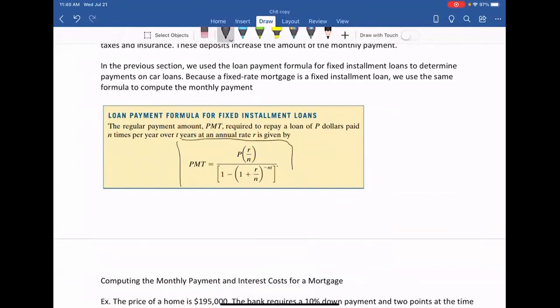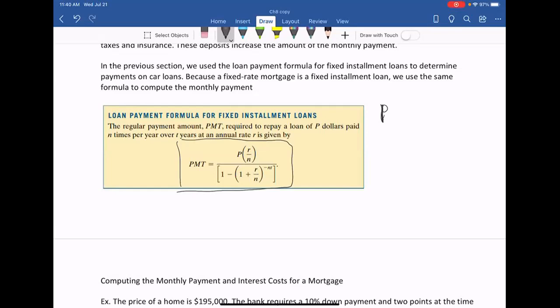This is the formula. It's the same formula we use to find the PMT for the car purchase. The P here is the loan you borrowed from the bank. So this P is different from the P we learned in the previous video.